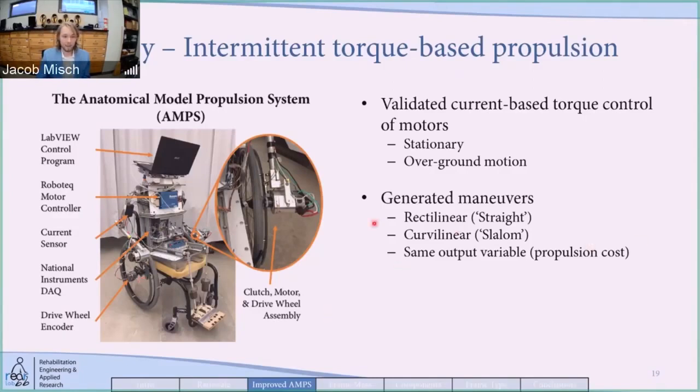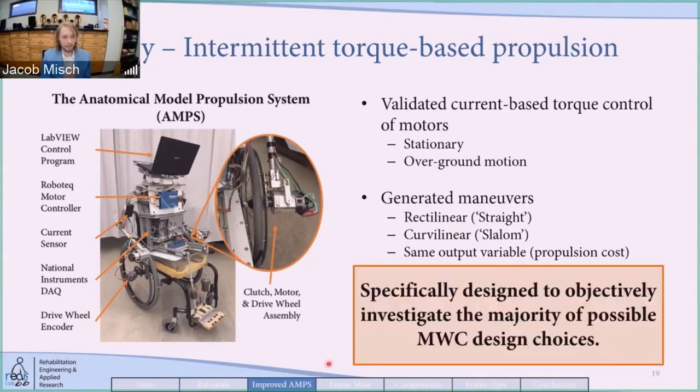And this system maintains that same output metric, that propulsion cost that I went through earlier. And this augmented amps is specifically designed to mechanically and objectively measure the performance or propulsion cost of various wheelchairs across many different design choices.